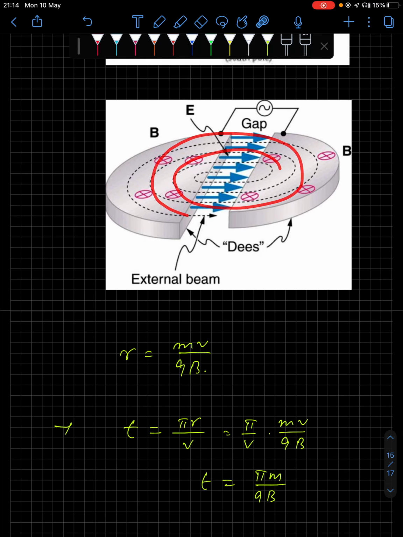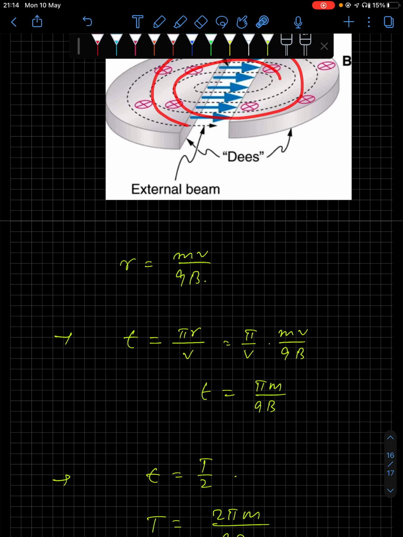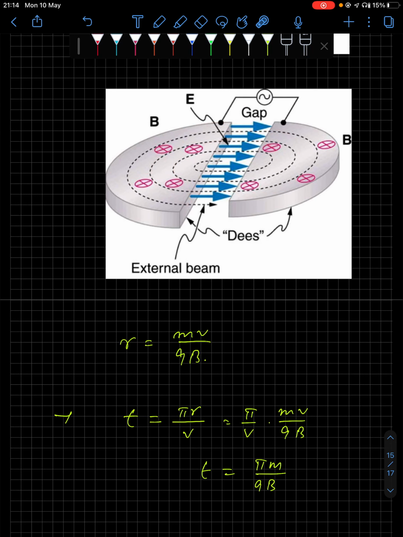Under what grounds? You see, as the radius increases, the speed of the charged particle also increases. So r and v increase together. In such a case, t remains constant. So whether it be the smallest semicircle or the largest one, in both cases, small t or capital T is the time period of the electric field.